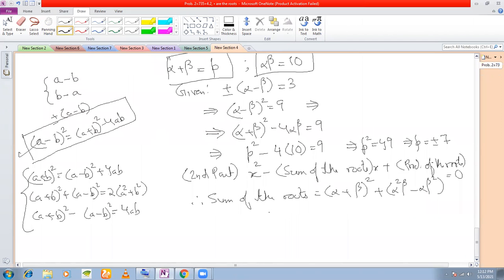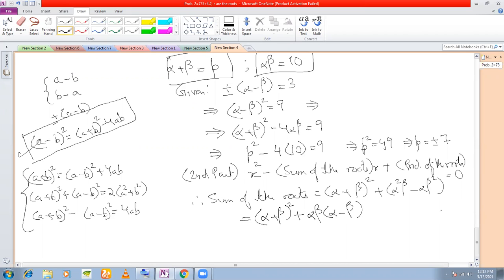Yes. So now what we'll do here is I will write alpha plus beta whole square as it is, and plus, we express everything in terms of alpha plus beta and alpha beta. So we'll write alpha beta, and this will become alpha minus beta, right?